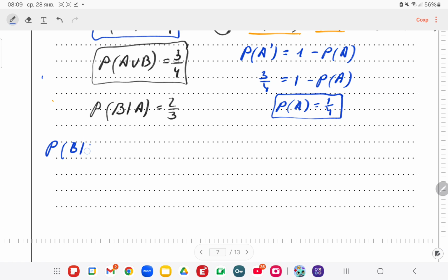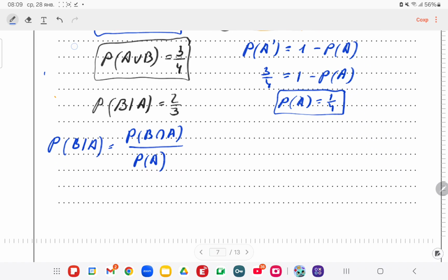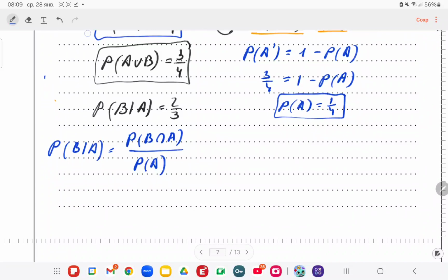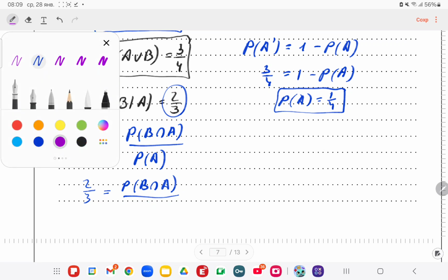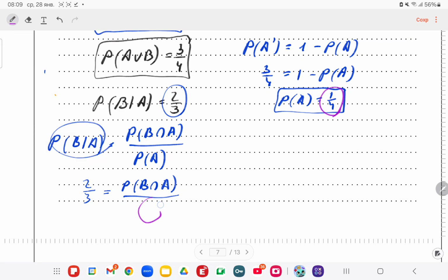We'll use the conditional probability formula from the formula booklet. You can find that it is the probability of the intersection divided by the probability of A. Everything is given here. So P of B given A is 2/3, and 2/3 is equal to the intersection divided by P of A. And P of A is also given, guys, right? It's 1/4.